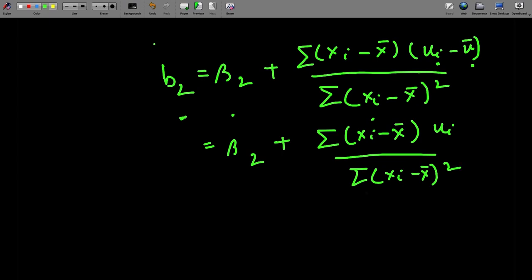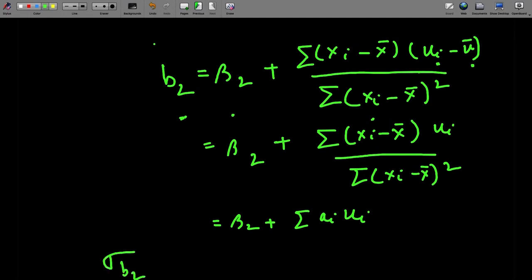Now, if I use this relationship, I can simplify it as beta 2 plus summation of ai ui.